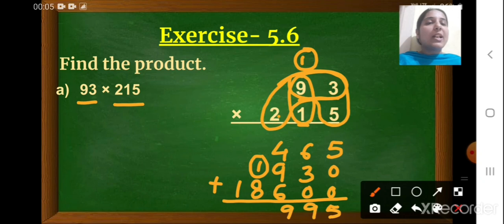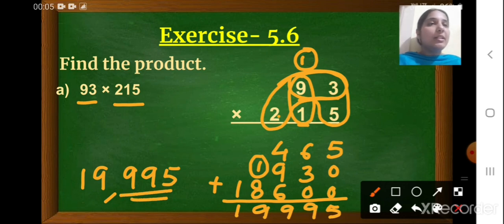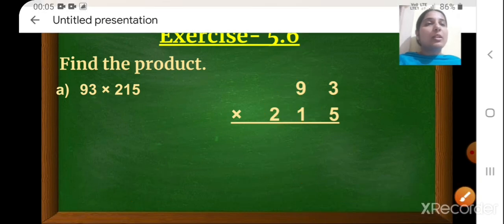So 8 plus 1, 9. And this 1 we will write as it is. So what is the product here children? 19,995. Okay children? So in this way we multiply a number by a 3-digit number. Now let's move to the next question.